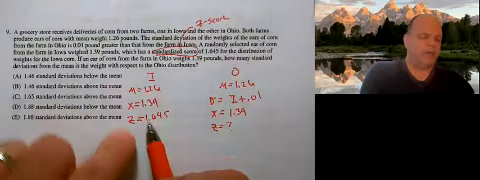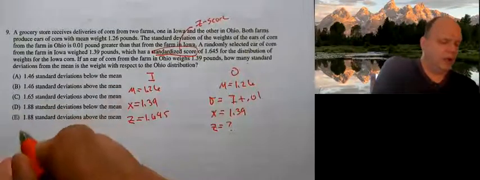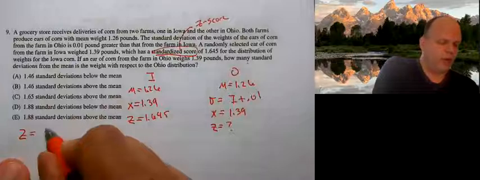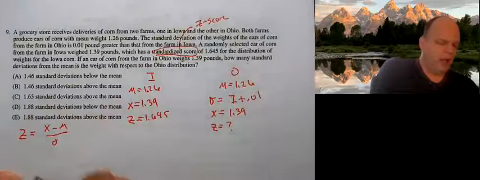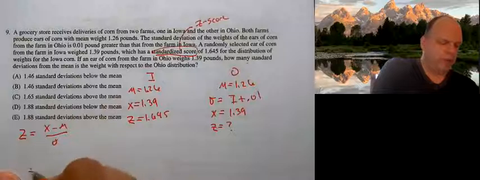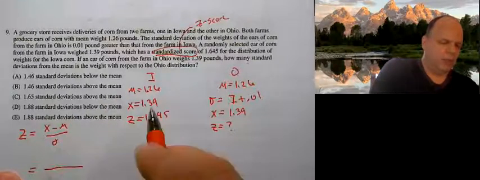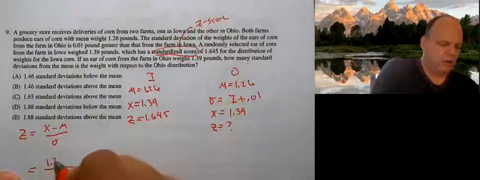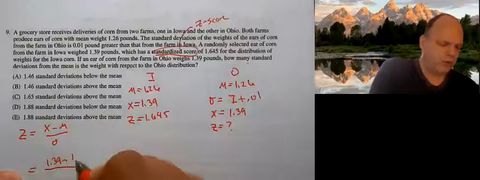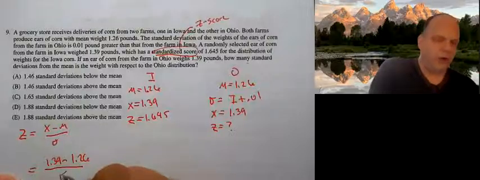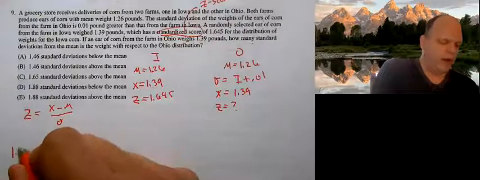Well, obviously we have this information, so maybe we can get somewhere with the Z-score formula. Our Z-score formula is Z equals X minus mu over sigma. And so when I'm working with Iowa, I happen to have 1.39 minus 1.26. I don't know the standard deviation, but I have a Z-score of 1.645.